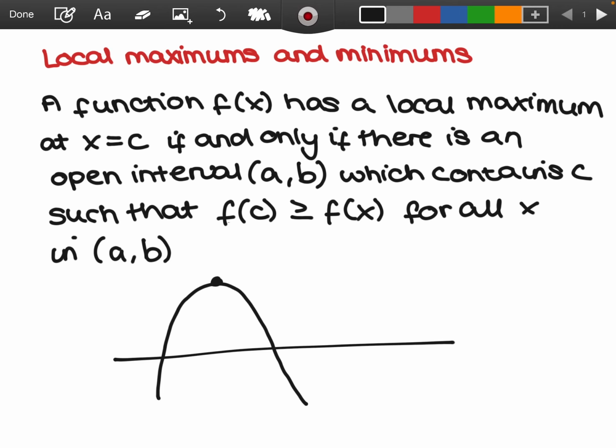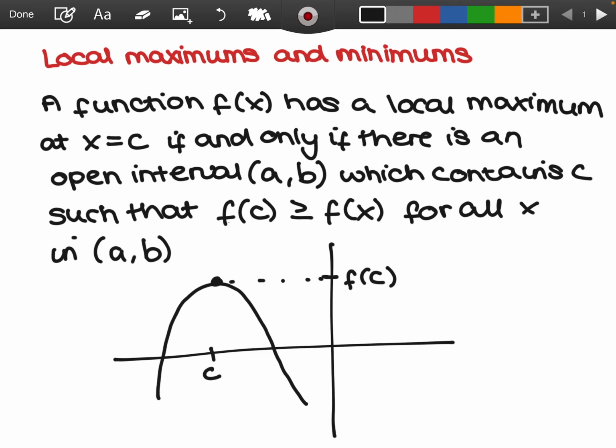All other points around it, all the other x coordinates, have a lower function value than the x coordinate at that particular point x is equal to c does. Okay, so you can always draw it out like this. And you see that f of c is greater than f of x for any other x coordinate that surrounds c. So I've got this open interval on which I do this.